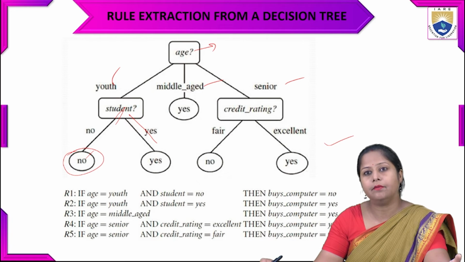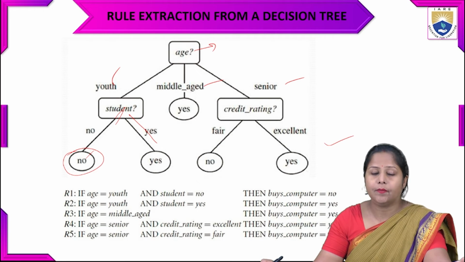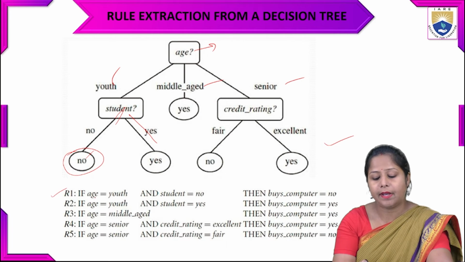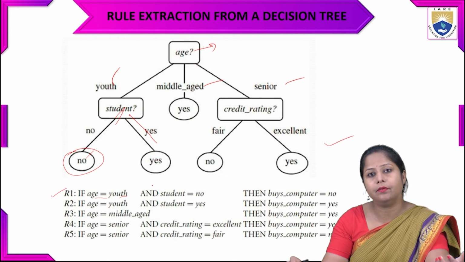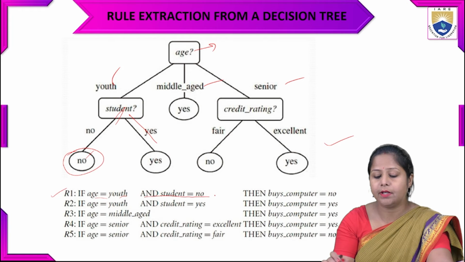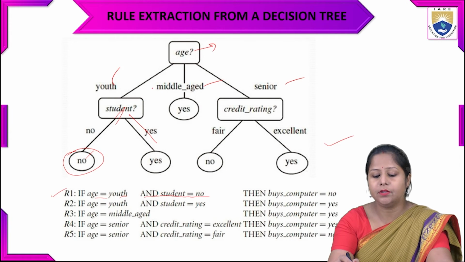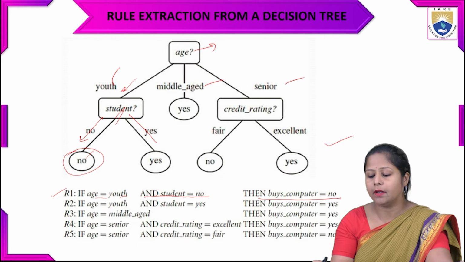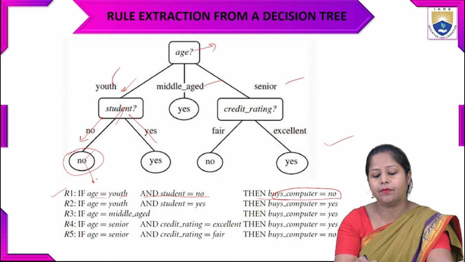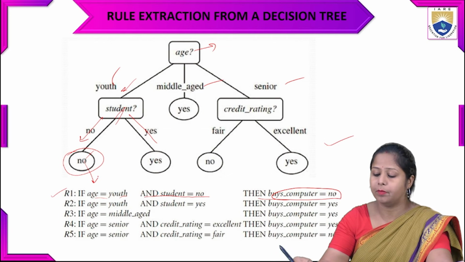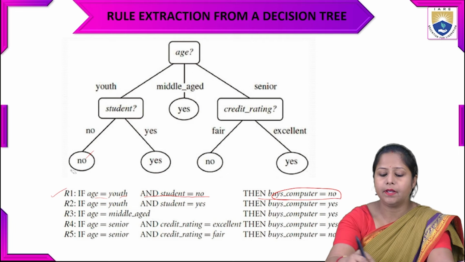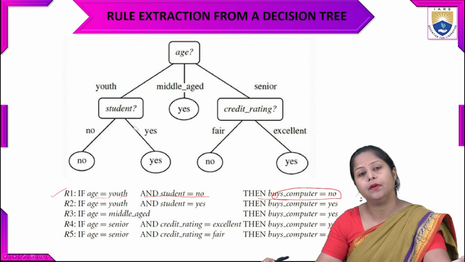On the basis of that, we can write some of the rules. For one rule, R1: if age is youth and student is no, then buys computer is equal to no. From this decision tree, we can know the different class levels.